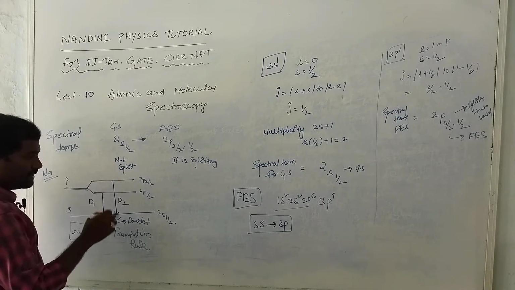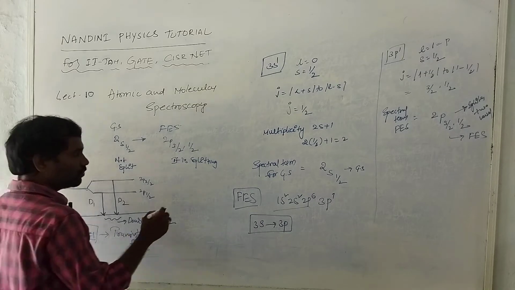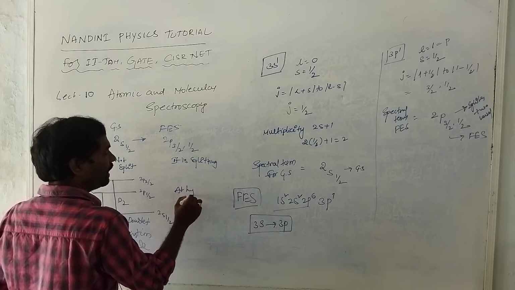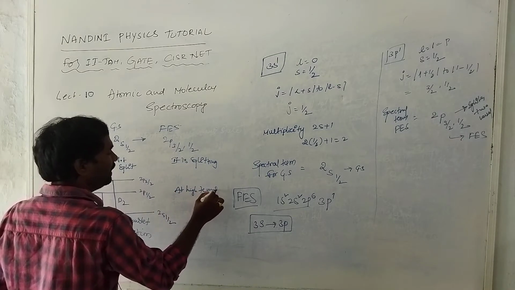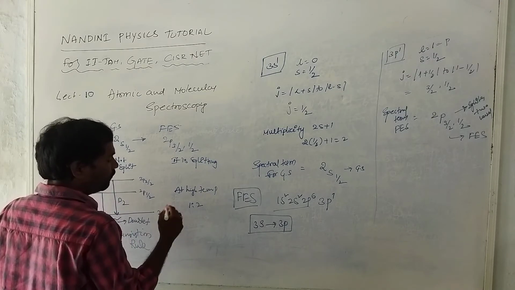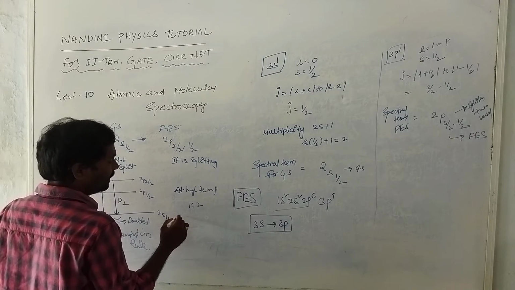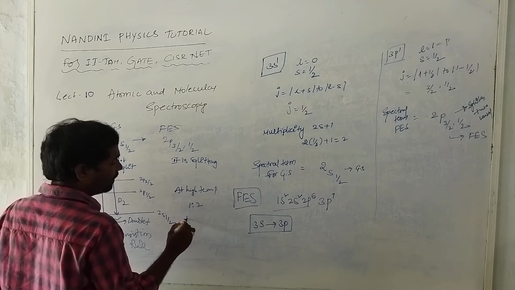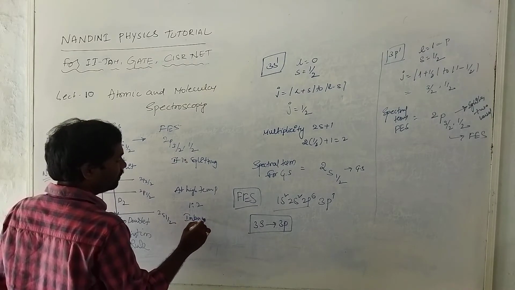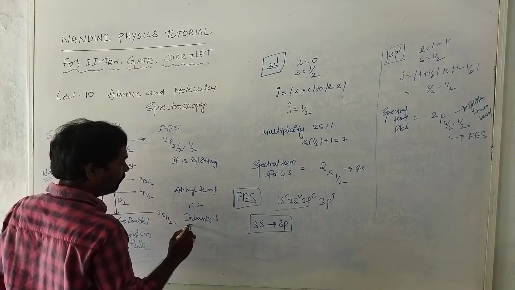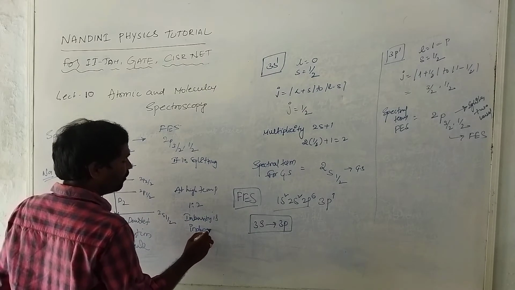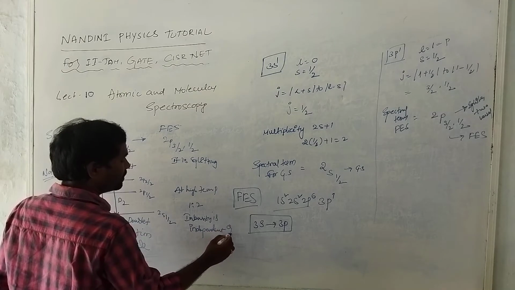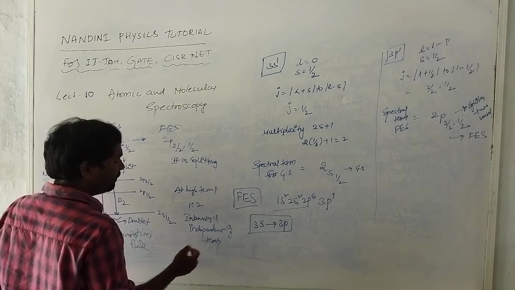So what is the intensity of this sodium light? At high temperature their intensity ratio is 1:2. And one more important point is that intensity is independent of temperature. Why? Because it does not depend upon temperature.